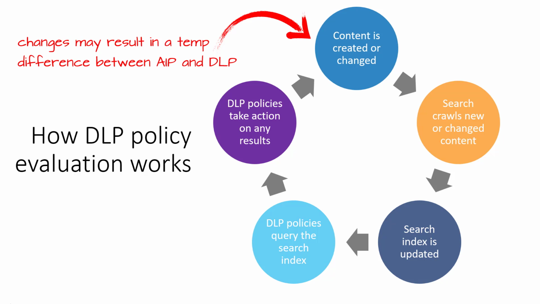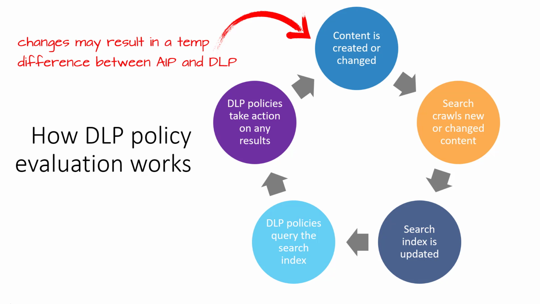But behind the scenes, there is a unified sensitivity label, a unified data classification engine. DLP, information protection, and Microsoft Cloud App Security, which can apply labels to documents that it discovers in transit or in third-party cloud repositories that it connects to, all use the same data classification engine in Microsoft 365, so they're all sharing those same sensitivity labels.